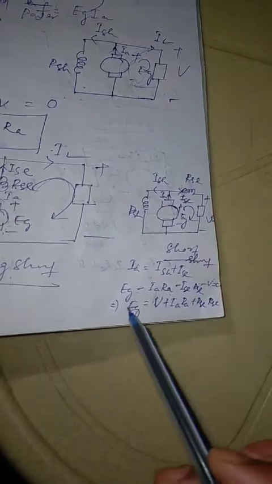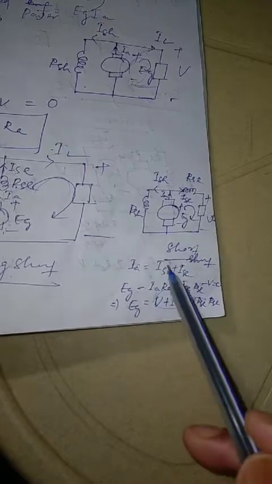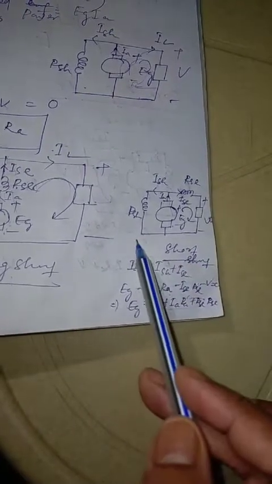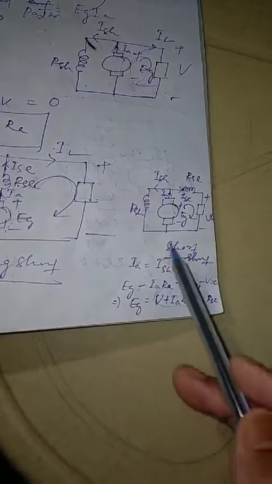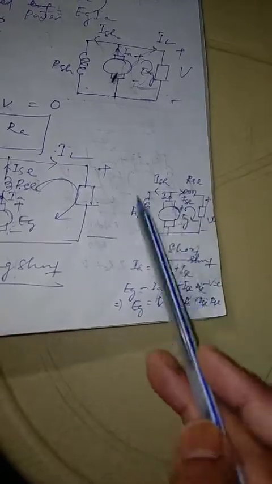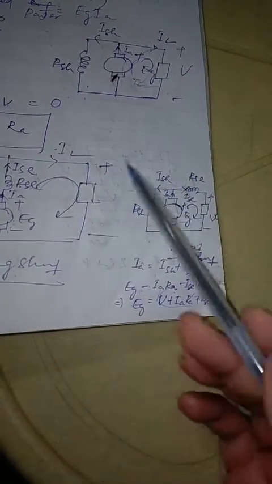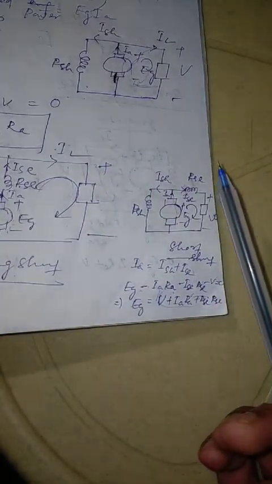Apply KVL here, so EG will equal this in the case of the short shunt. Okay, so this is all about the short shunt. Clear? So these are the different equations. Problems also come from these expressions. The question will be for a particular machine. Once you can draw the diagram, you can automatically get the equations, and from the equations you can solve whatever is asked.